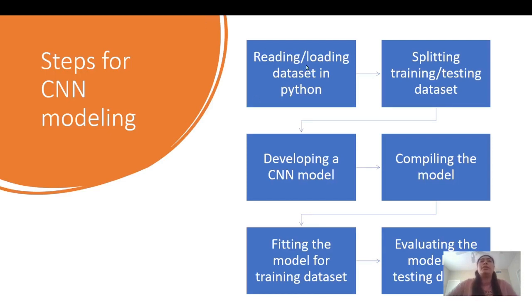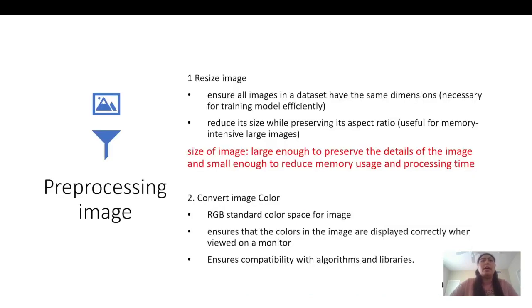First I'll be loading the data in Python, then I'll be splitting the training and testing data set, and then develop a CNN model. After that I'll compile the model, fit the model on the training data set, and then evaluate the model on the testing data set.